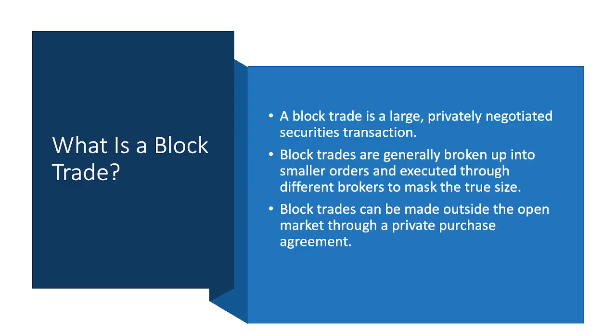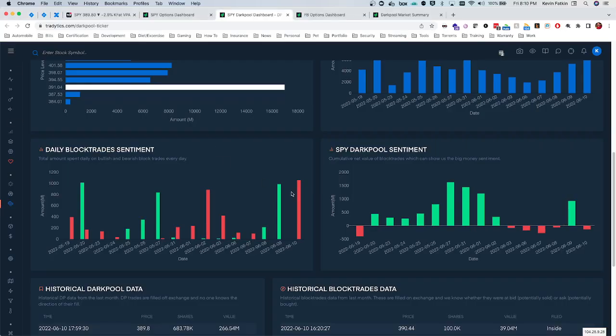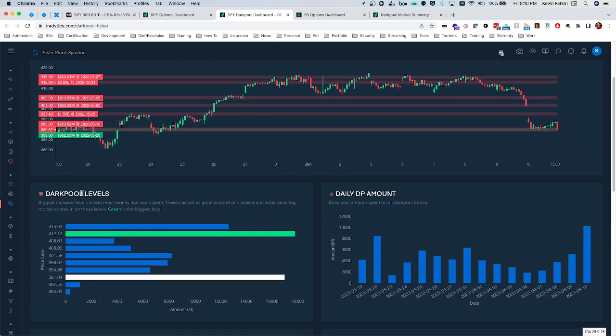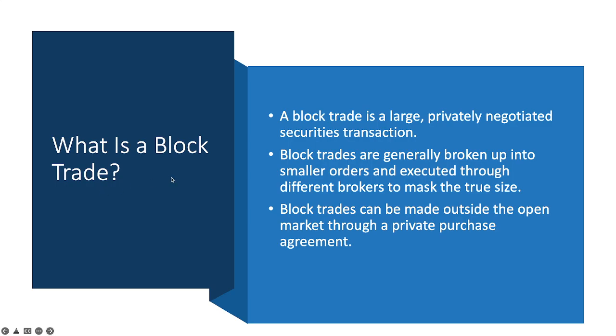Now, there's another aspect to this, and I should mention that dark pool data on its own, we cannot gauge sentiment from. Dark pool data does not give us a sense of direction. All we really know is how much money was spent at which price point. So the only way that we can truly gauge sentiment from this data is from what we see as block trades.